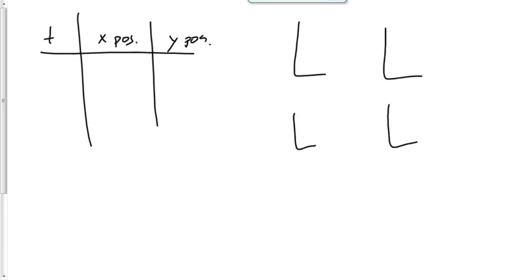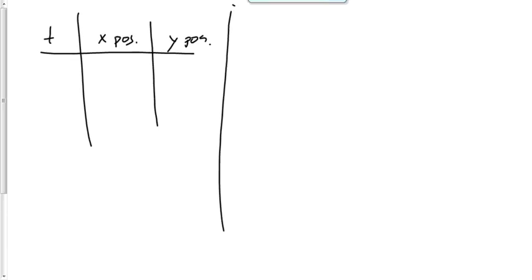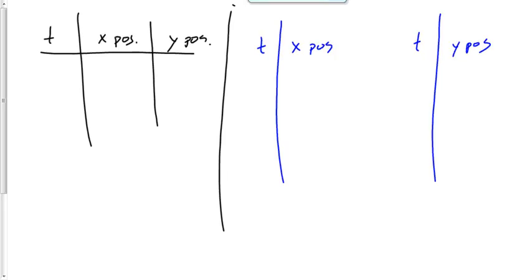How do you get 4 graphs from that? Well, what I'm going to suggest you do is, first of all, change that into this. Make it into 2 tables first.